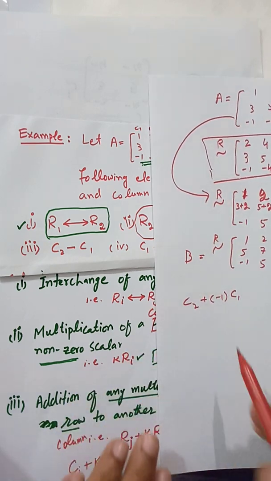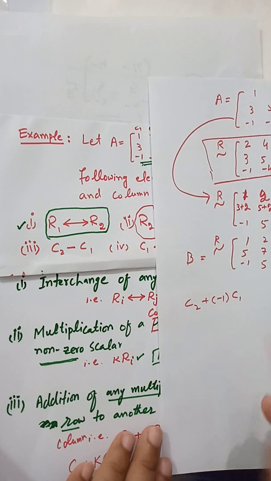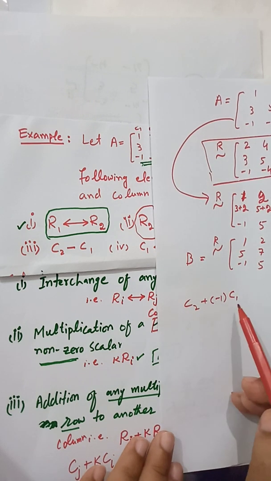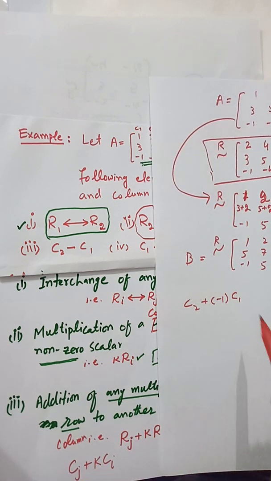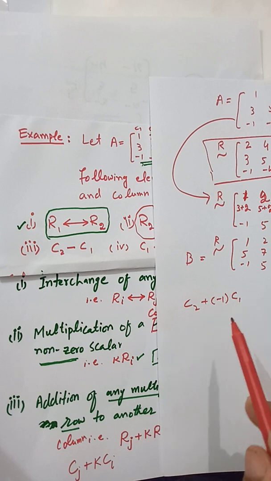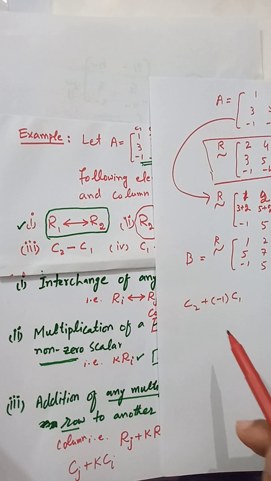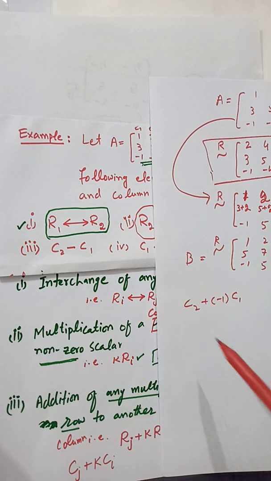So you see that this is the addition of a multiple of C1 to C2. So you are adding two columns in which one column is actually a multiple of some other column. So first of all you need to multiply C1 with minus 1 and then add it to C2.